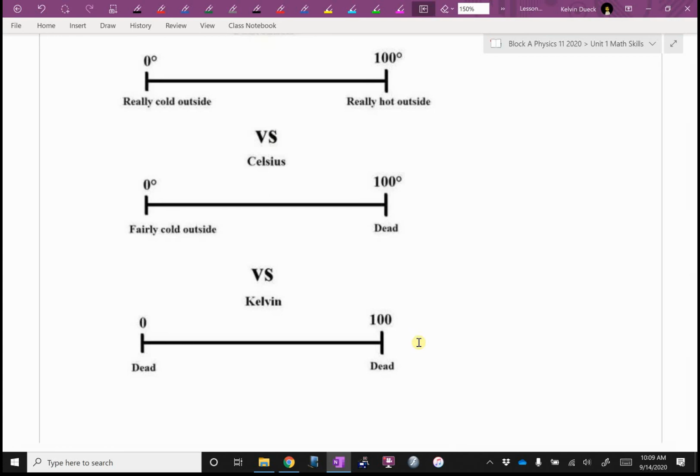Now, ready for the weird part? Whenever we take the temperature of a substance, actually what we're taking is an average temperature of a substance. There's some that might be a bit hotter, and there's some that might be a bit colder, because not all the particles are uniform.